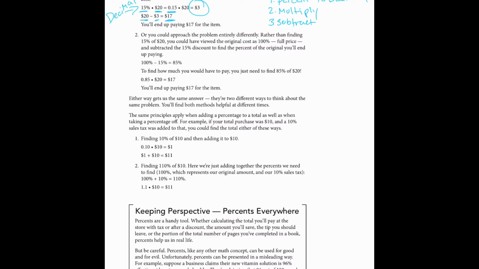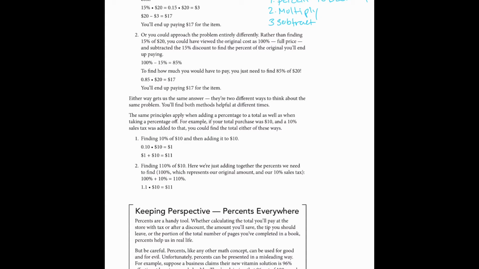We subtract the total. So the number that we got here, we subtract the percentage from the $20, okay? And once we subtract this percentage from the $20, that gives us our number, all right? So that is one way to do it. And it doesn't matter which way you choose. Neither one of them is right or wrong. They both give you the same answer, okay?